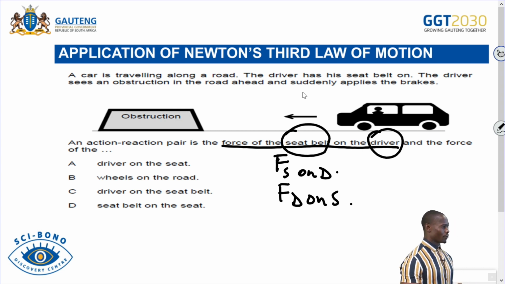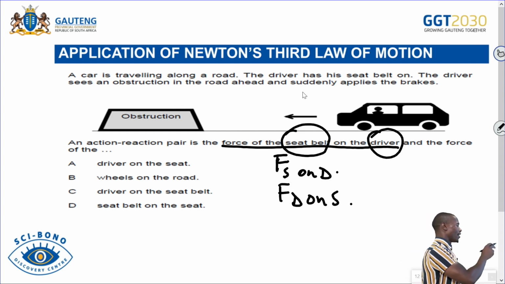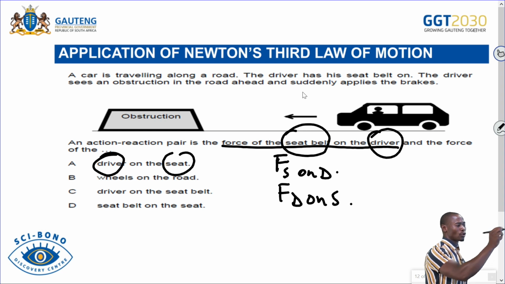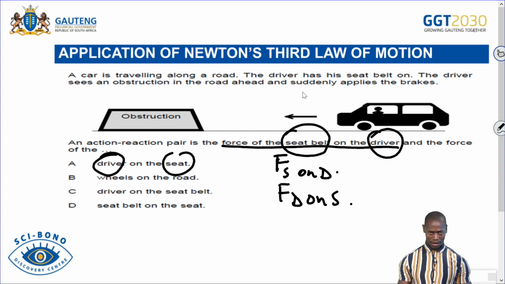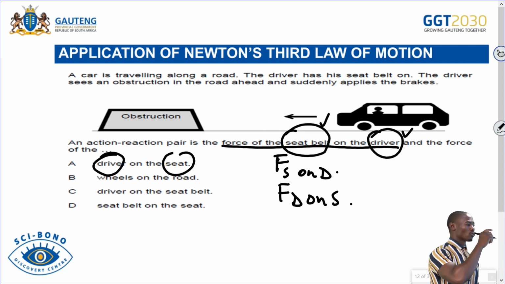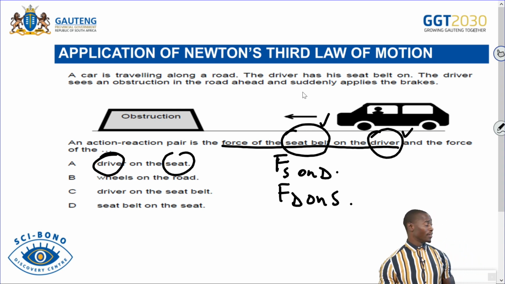If it's the driver on the seat, the objects are the driver and the seat, but here they talked about the seat belt. So the two objects are the seat belt and the driver. So it will be the force of the seat belt on the driver and the force of the driver on the seat belt.